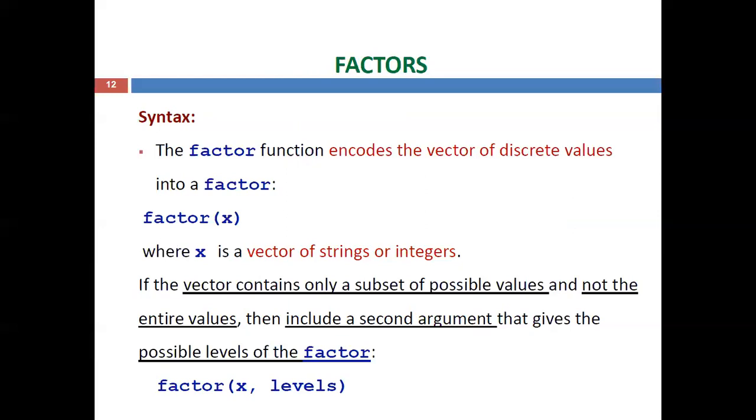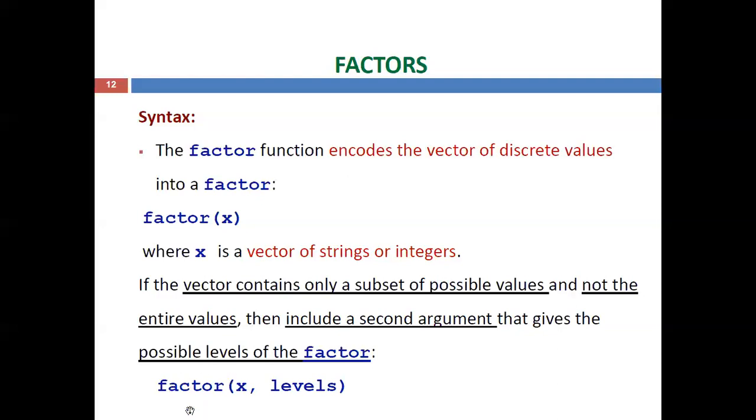Anyone is allowed. If the vector contains only a subset of possible values and not the entire values, then in this case you have to include a second argument that gives the possible levels of the factor.